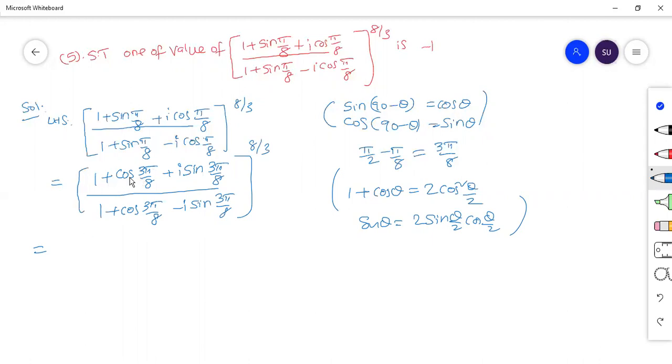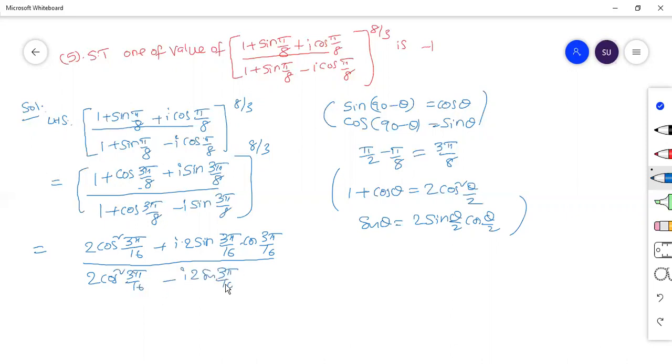So 1 plus cos theta, this is theta, so I can write 2 cos square (theta by 2), that means 3 pi by 8 by 2, that is 3 pi by 16, plus i into 2 sine 3 pi by 16 cos 3 pi by 16, whole divided by, here also the same thing, 2 cos square 3 pi by 16 minus 2 sine cos 3 pi by 16, whole to the power 8 by 3.